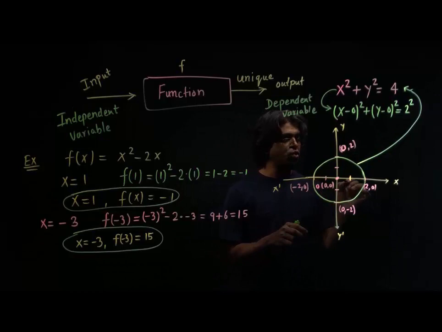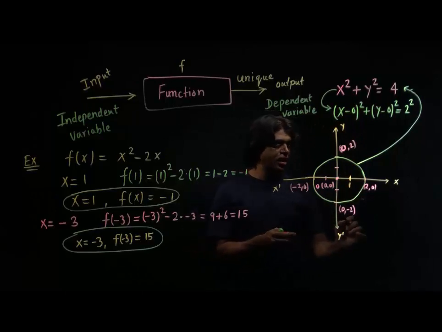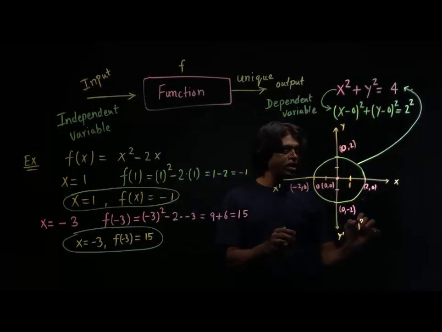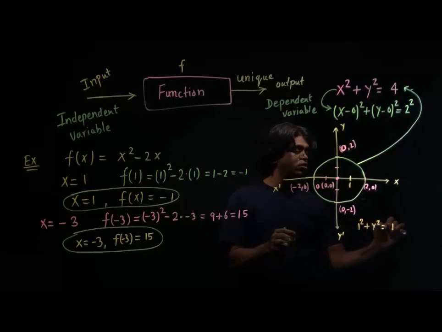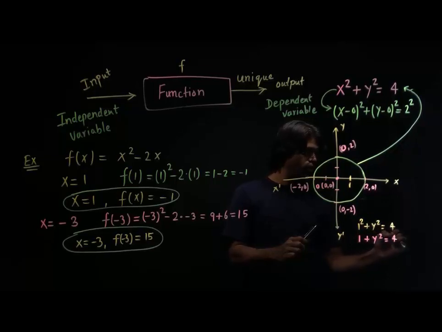Now what I'm going to do, I'm going to consider this point, which is what? X is 1. So let's substitute the value over here. And if I do that, I will write 1 squared plus y squared is equal to 4. Now let's simplify further. 1 squared is 1 plus y squared, that is 4.